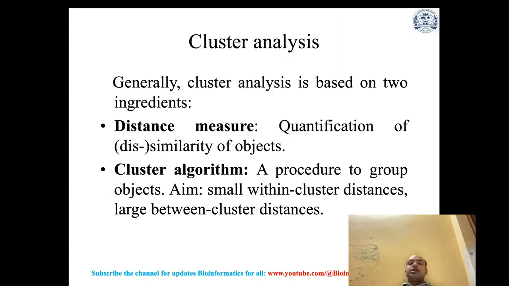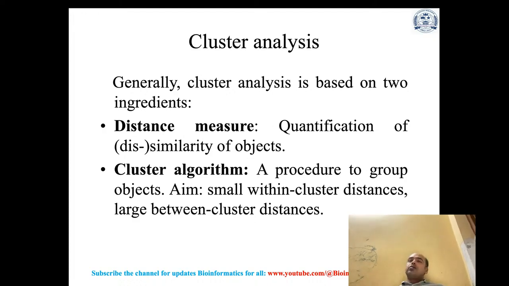Now, generally, cluster analysis is based on two ingredients, that is distance measure and the algorithm. The distance measure is the quantification of dissimilarity, or similarity, of the objects. The clustering algorithm is a procedure to group objects, where the aim is small within-cluster distances and large between-cluster distances.